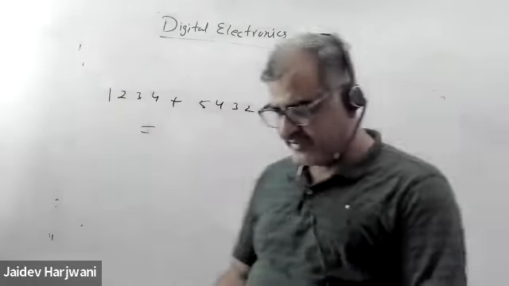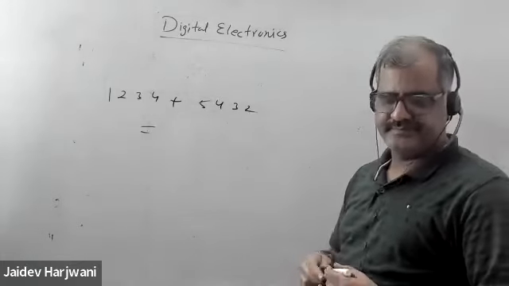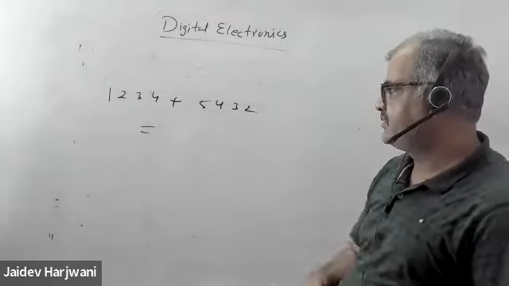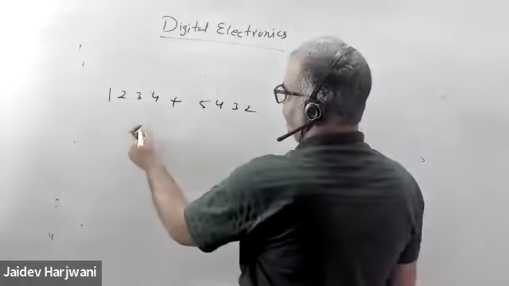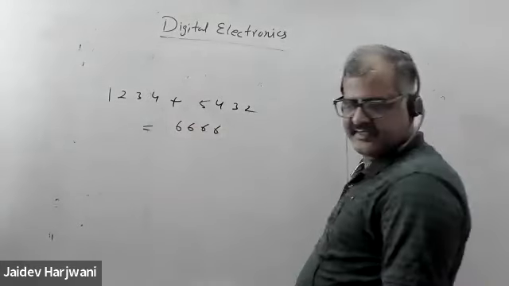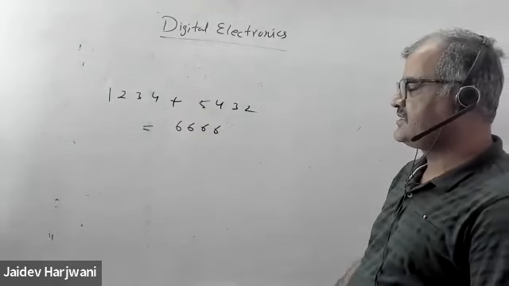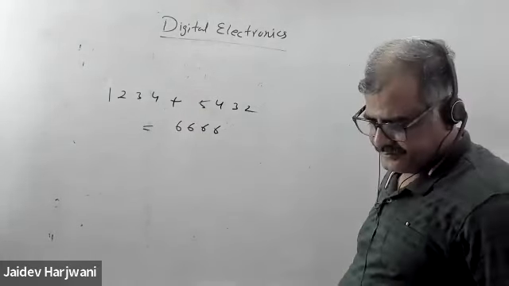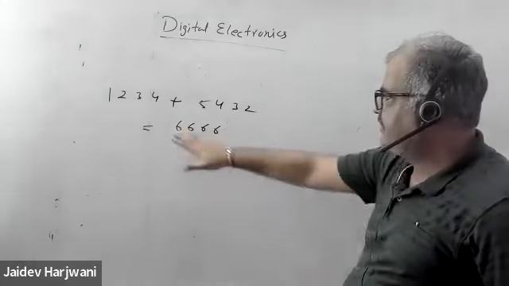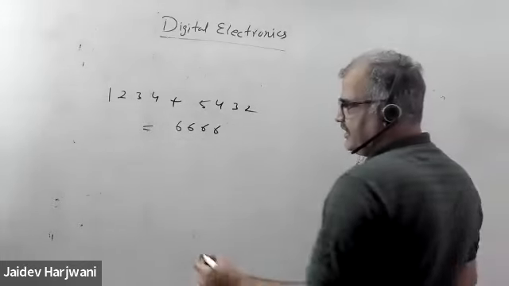What is the base? So let me add this one. If you add this one, it will give me 6 6 6 6, isn't it? It is correct. This sum is correct. So that means this sum equal to 6666 is valid.